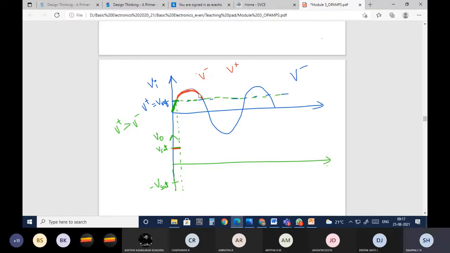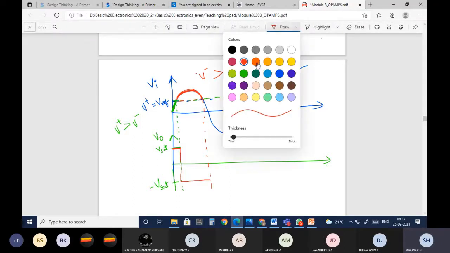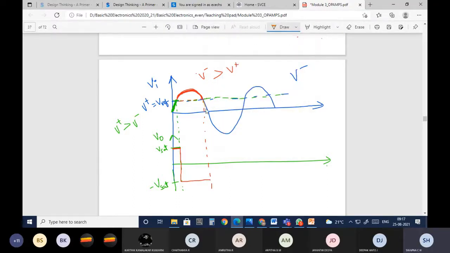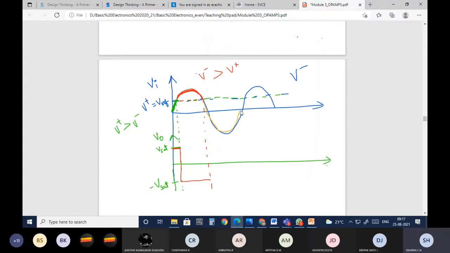V minus is greater than V plus. So what will be my output, plus VSAT or minus VSAT? Minus VSAT. Very good. Minus VSAT. Again, this is the next portion of my input, below the line.